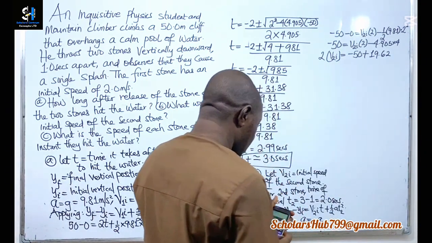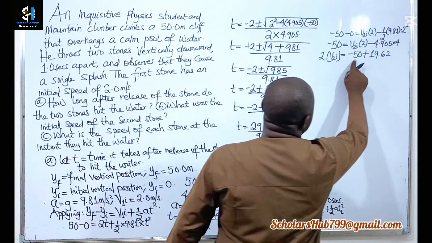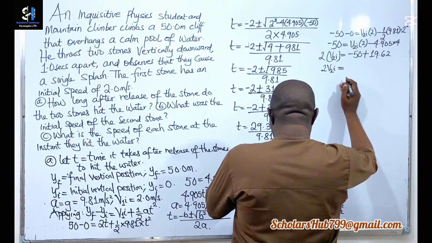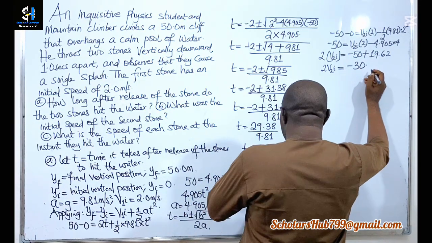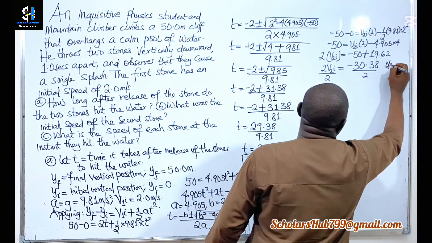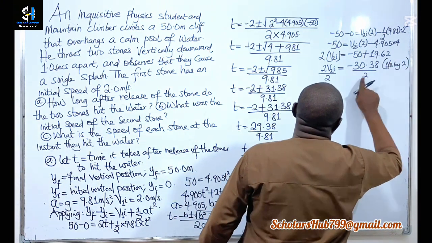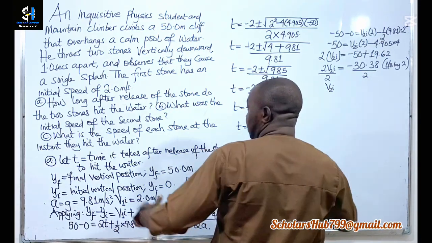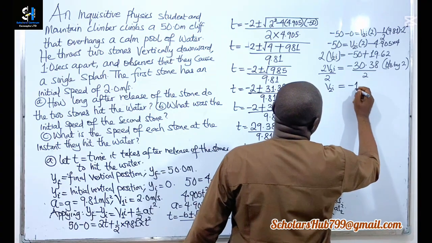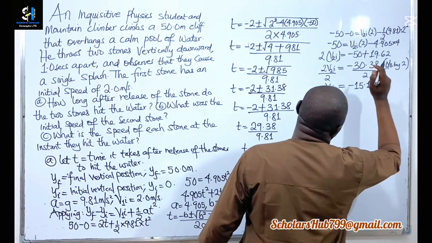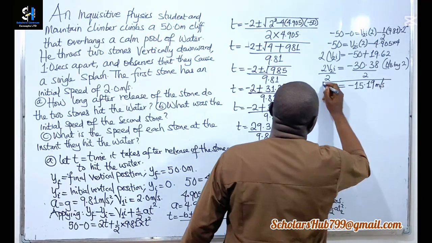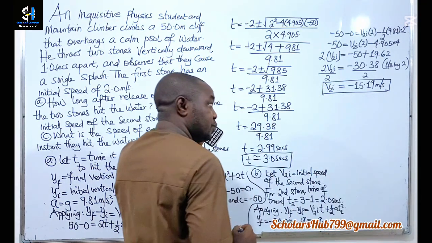When we subtract 50 from 19.62, 2V2I will equal -30.38. If you divide both sides by 2, we have the initial speed of the second stone to be -15.19 meters per second.